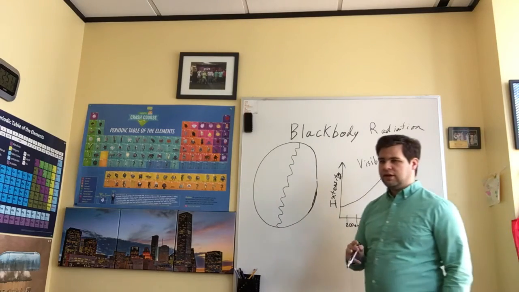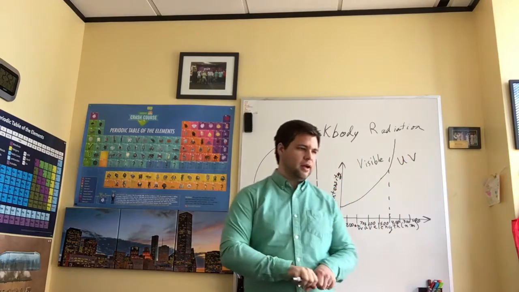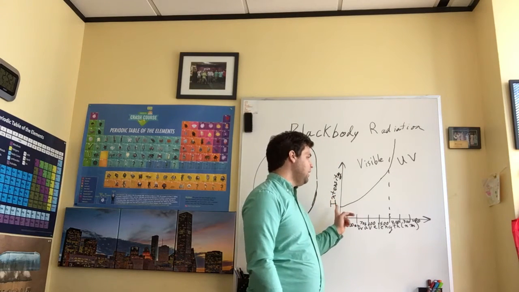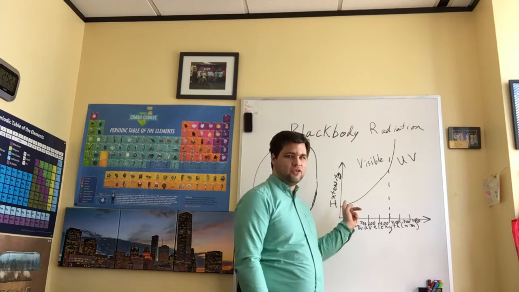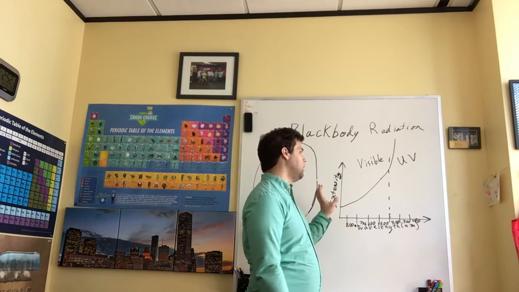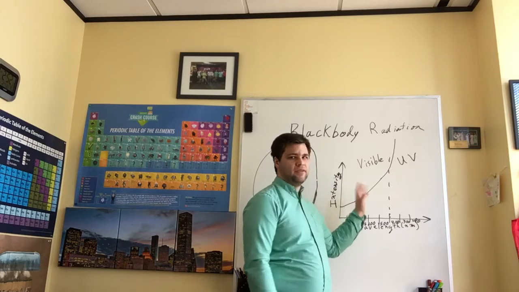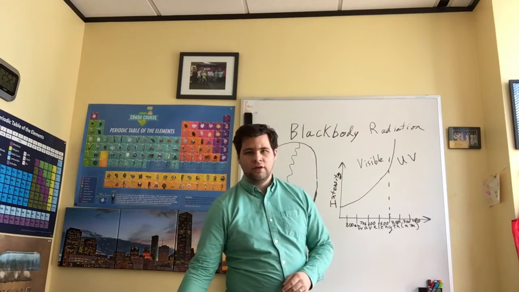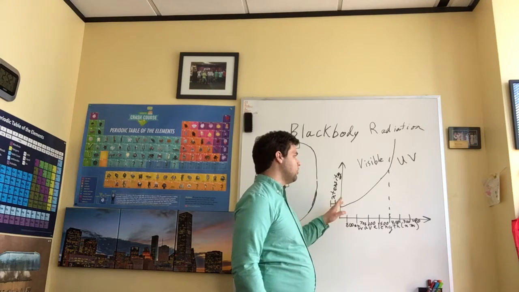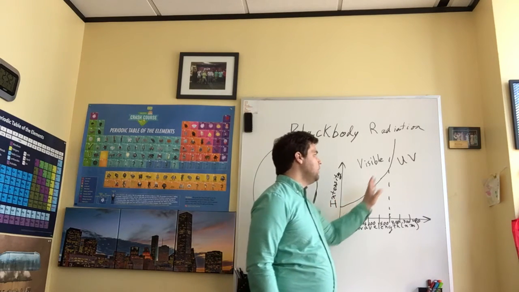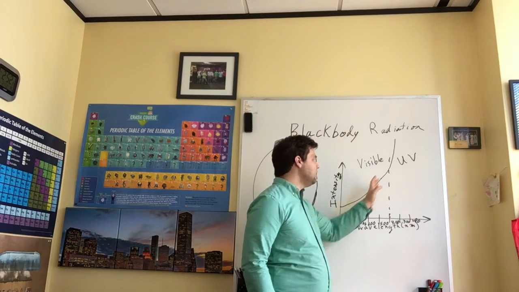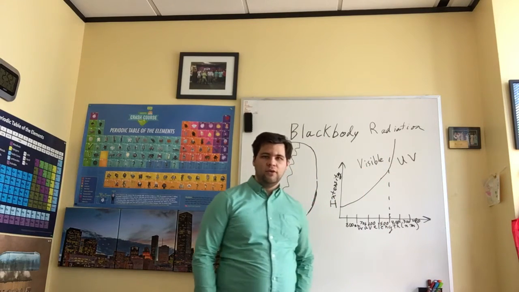So this would seem to say that for an object at any temperature, this graph does vary with temperature, but it will just shift this graph somewhat. But for an object at any particular temperature, you're going to have something like this graph, and the intensity continues going up past the UV region.